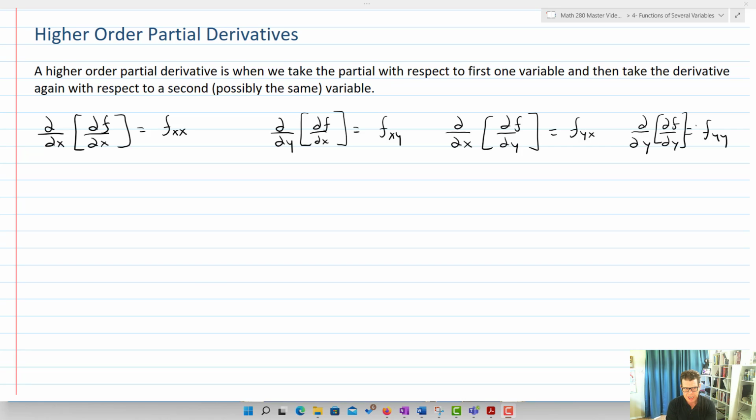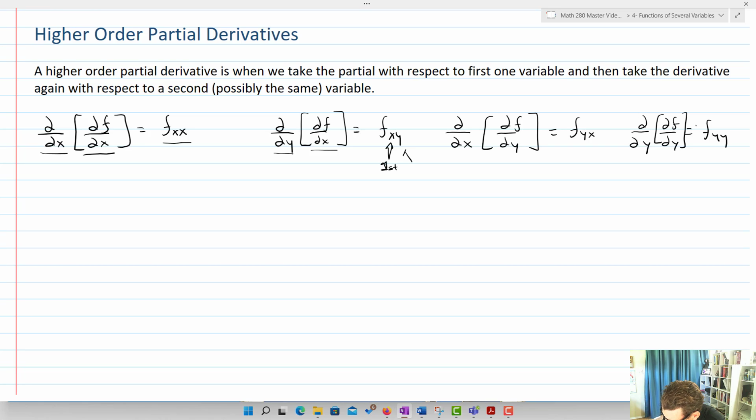Now, notationally, they look like this. We take the derivative of f with respect to x, and then the derivative of that with respect to x, and we write it as f_xx. That allows us to write faster. Then if we took df/dx and then the derivative with respect to y, we get f_xy.